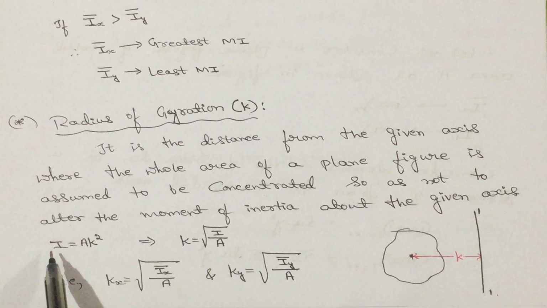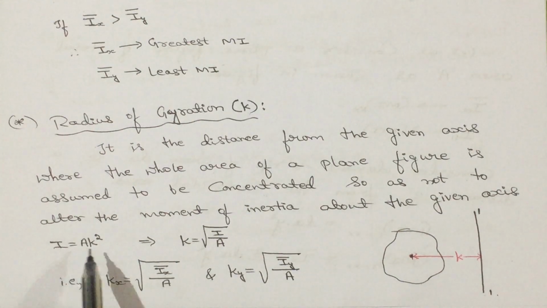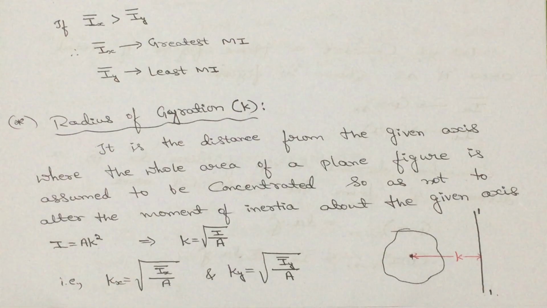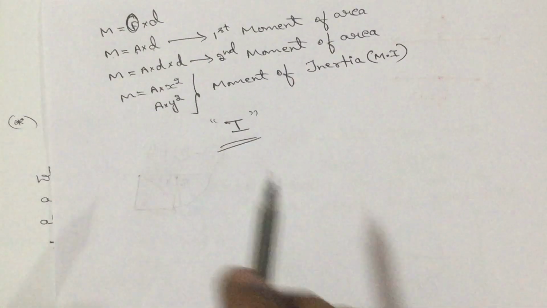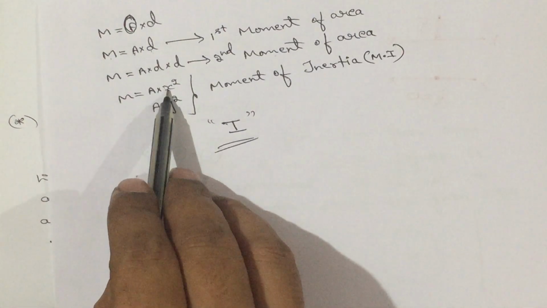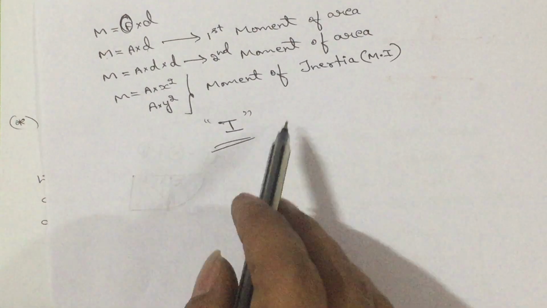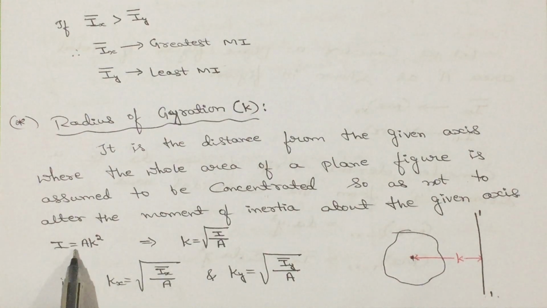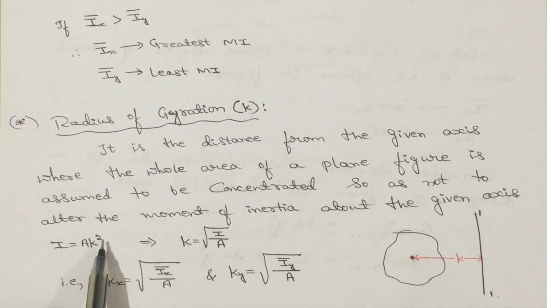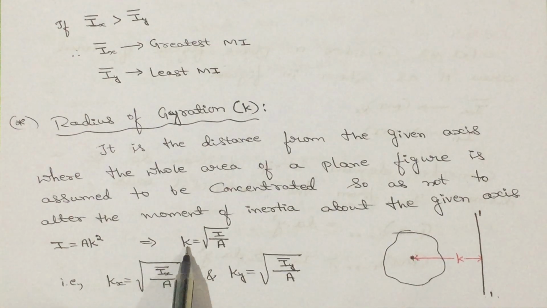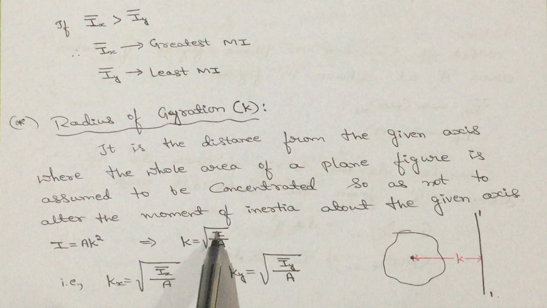Here the moment of inertia is equal to area multiplied by distance square. As we already discussed, the moment is nothing but area multiplied by distance square, that is ax square, ay square, or a into distance square. Here the distance is k. So I is equal to a into k square, or if we cross multiply, k is equal to square root of I by a.